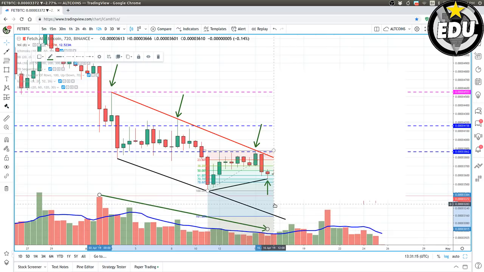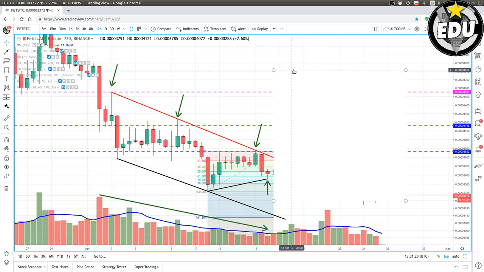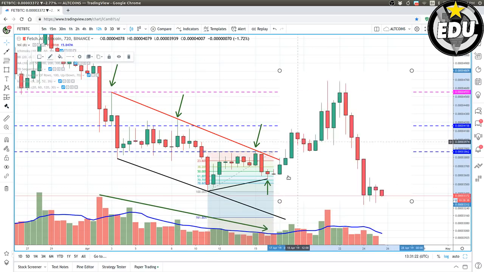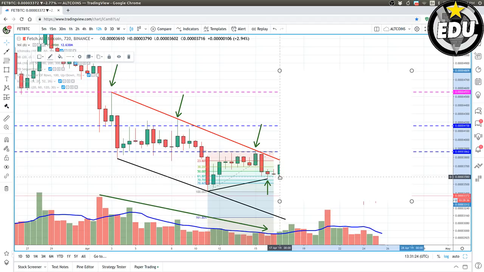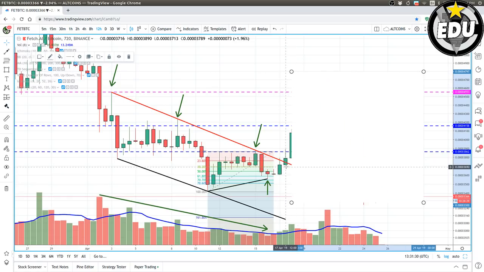Then I see a nice red candle, a green candle, but I'm not going to buy there because it's too late, right? And then it starts to break. And here it comes. Should we buy at the break? Well, probably not. This could be a buy on a breakout, but we know that the breakout might be risky.